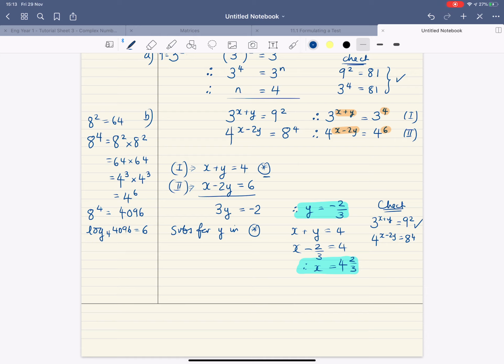I just remember this anyway, but just in case you forget, 8 to the power 4, 4096. So I'm happy. Okay, so even though it came up with fractions, the fractions cancelled out here in the mix. So that's why it was okay in the end.